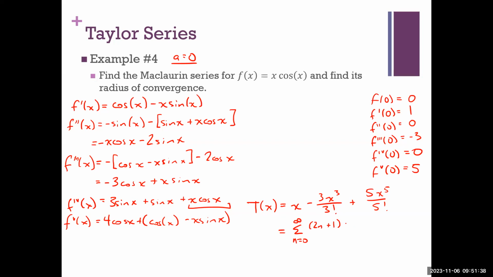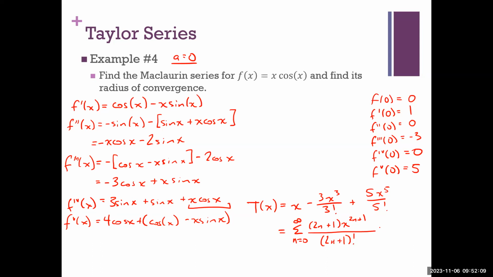That should give me the denominators, right? What else is going on in the numerator? It's the same as last time, where it's x to the power of 2n plus 1. Okay. And the denominator? 2n plus 1 factorial.